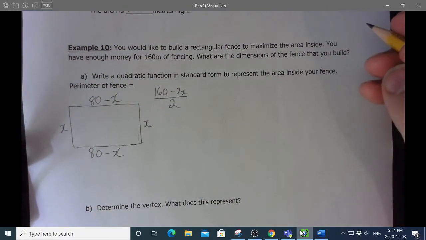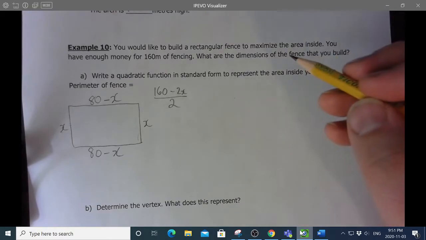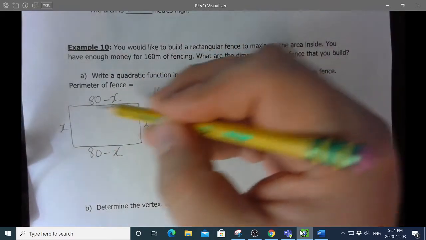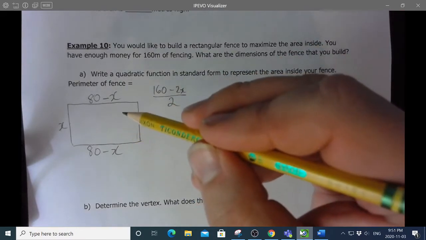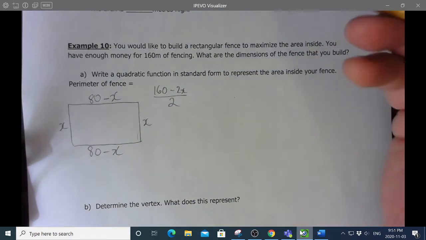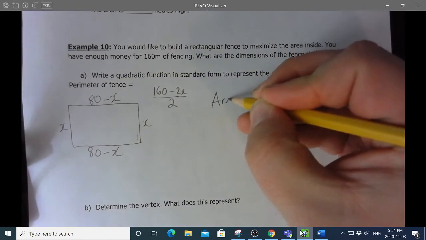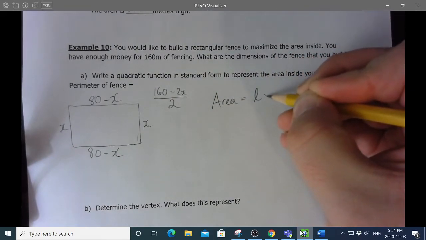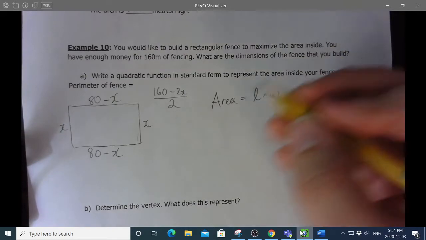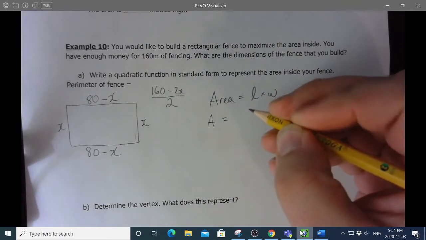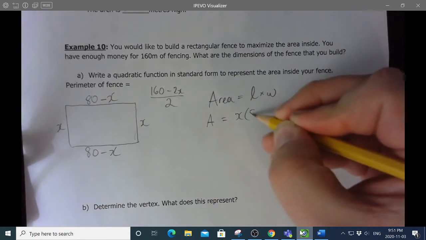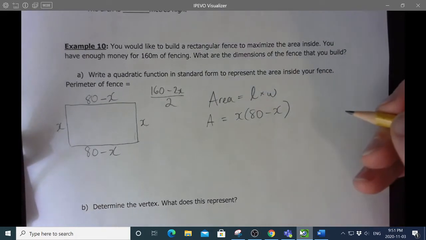Now, what is it that I'd like to do? I would like to find how much x should be and how much 80 minus x should be so that I have the maximum amount of area possible. So my area is, of course, length times width. Let's make a quadratic out of that. So area is x times 80 minus x. Get it?